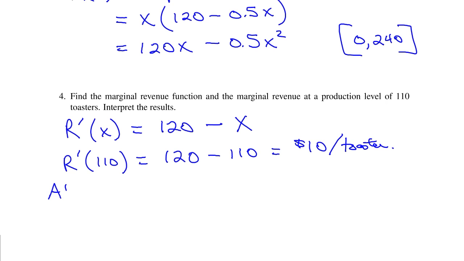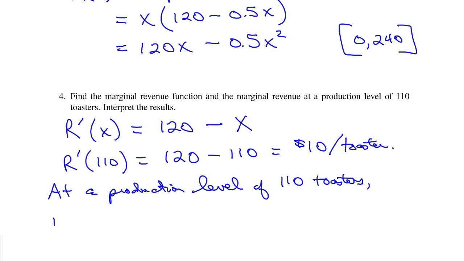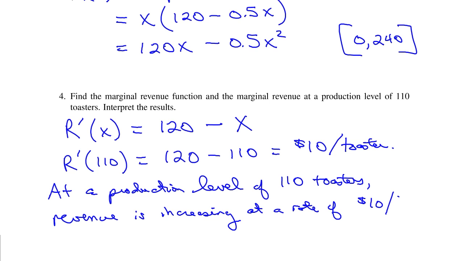And then the statement. At a production level of 110 toasters, revenue is increasing at a rate of $10 per toaster.